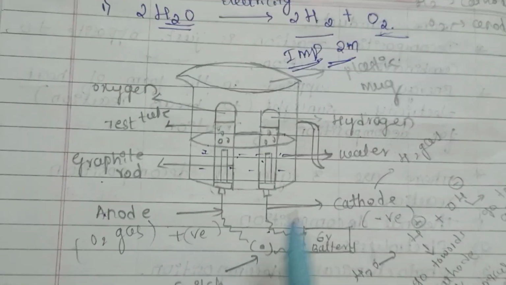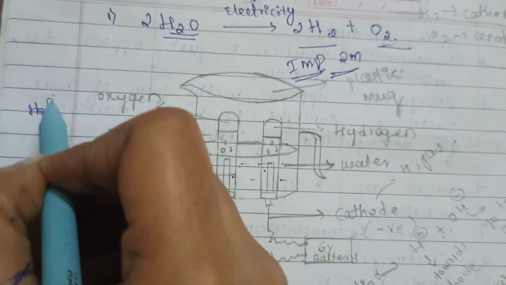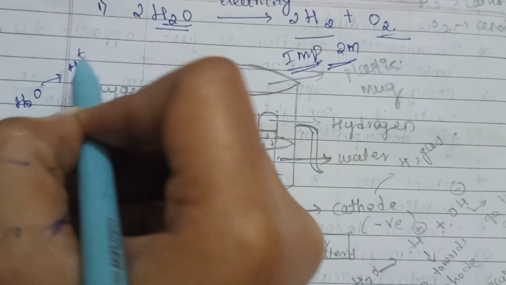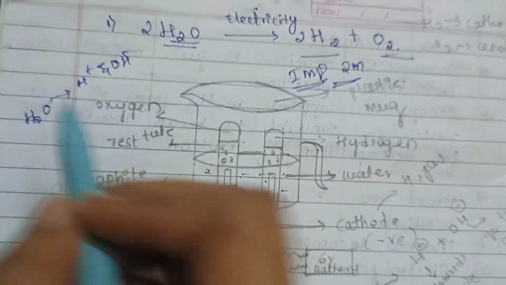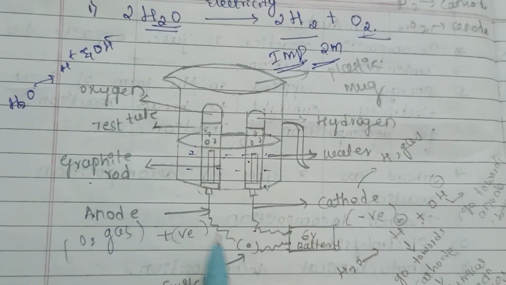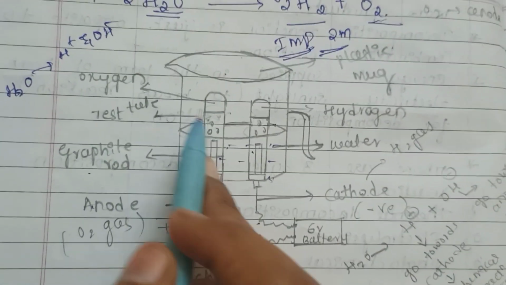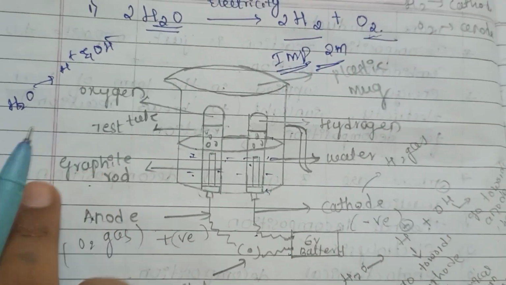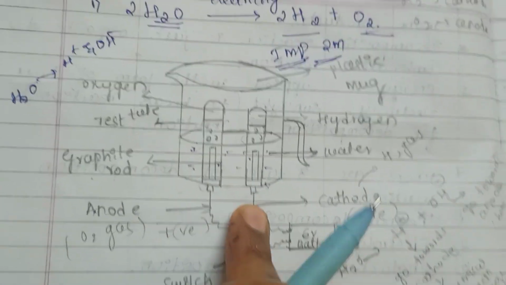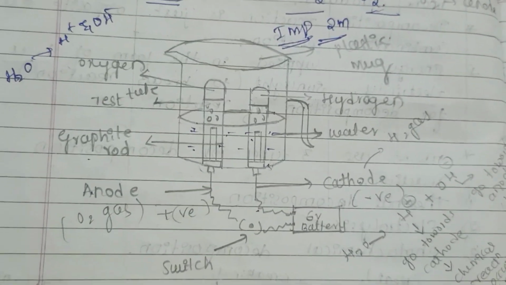See, H2O will be converted into H plus and OH minus. This H plus will go towards the cathode and OH minus will go towards the anode. Later it will be converted into oxygen at the anode rod, and at the cathode rod it will be converted into H2 gas.